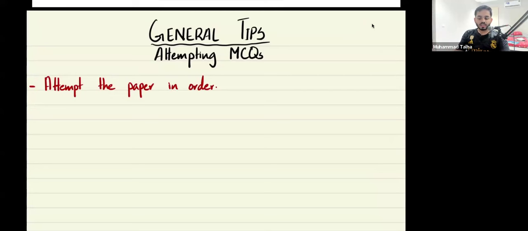And in my opinion, electricity and magnetism is some of the most difficult topics. And then again with nuclear physics and space physics, which are relatively easier, that's how the paper ends, right? So this is a good thing to do, in my opinion, which is to attempt the paper in order, not just to flip through the pages and keep doing questions which just seem right to you. Just do it in the correct order.